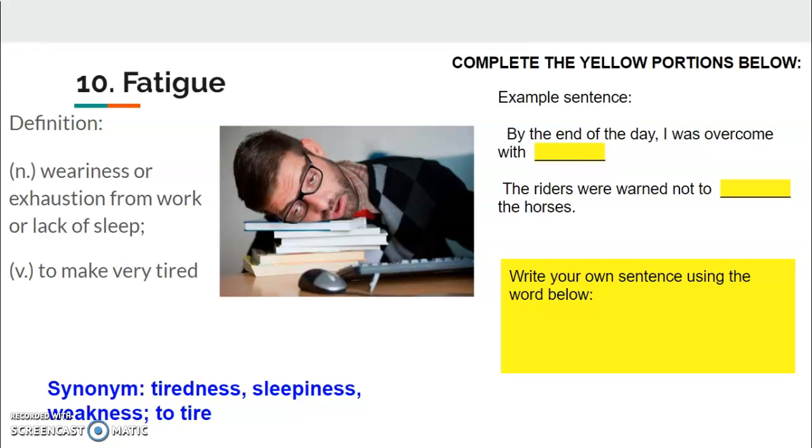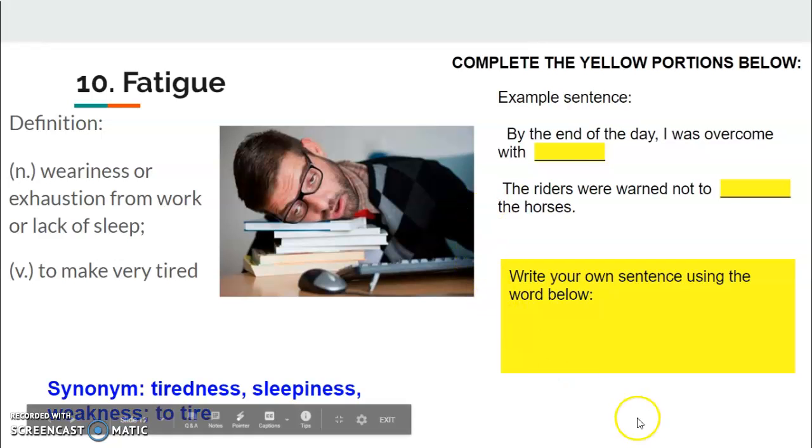If you fatigue and use it as a verb, you make someone very tired. So if we look at the sentences, by the end of the day, I was overcome with fatigue. Okay, that's used as a noun. And as our verb, the riders were warned not to fatigue the horses. All right, so work on that one. Two more to go.